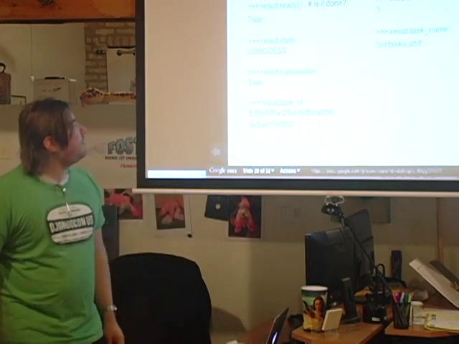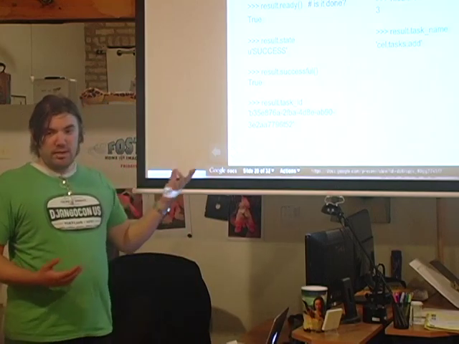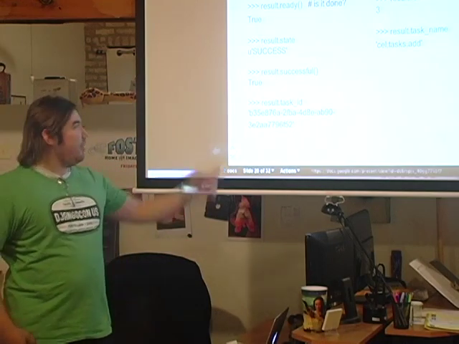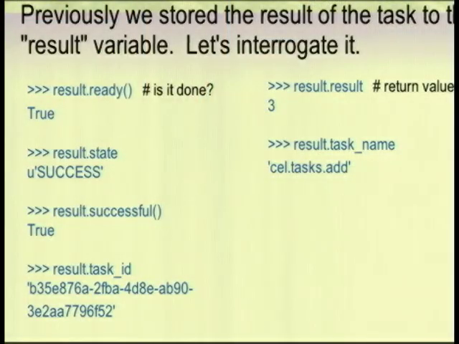So here, these examples are in a Python shell. As you can see, with the result, you can see if it's ready, if it's been completed, if it's successful, you can see the state, or there's a method that you can access. There's also a fail or failure method.